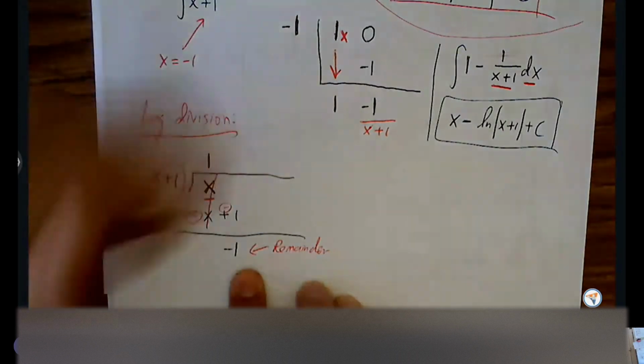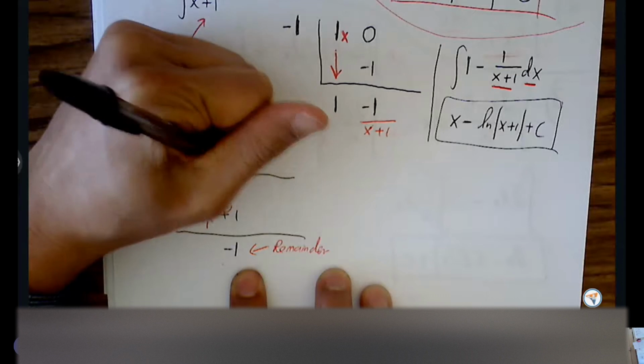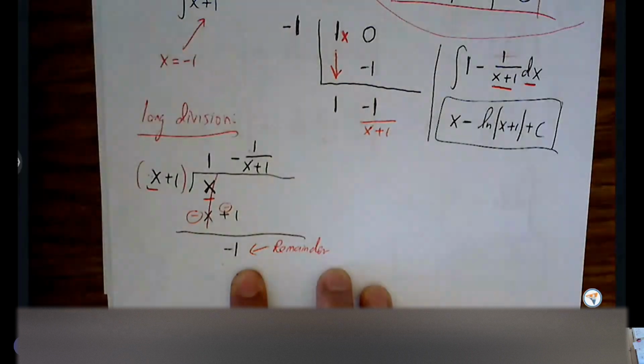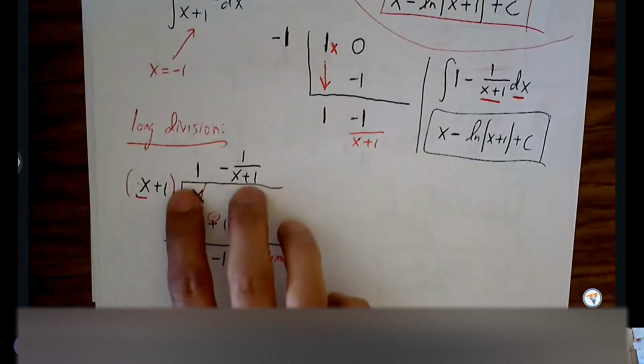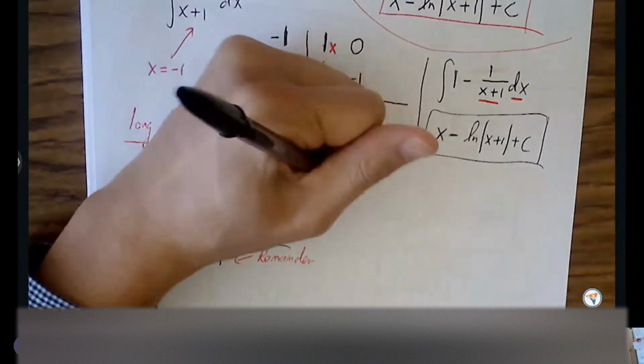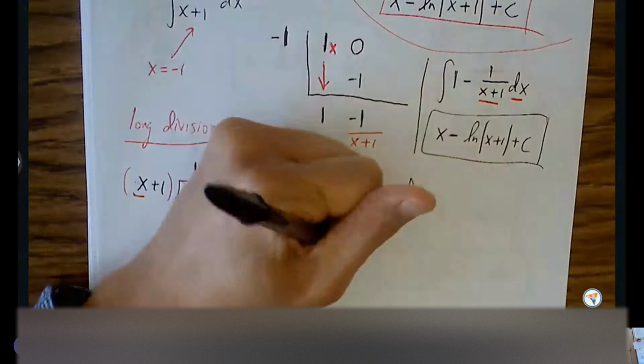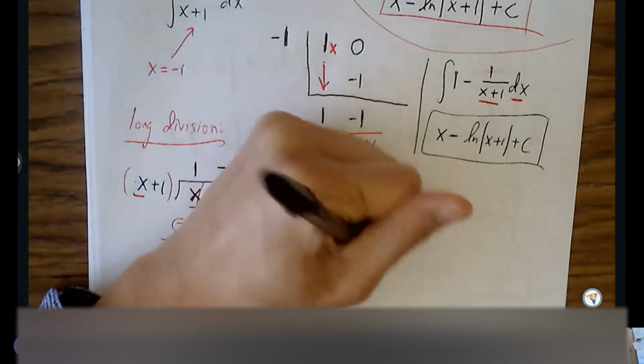And we write our remainder divided by our divisor. Same result as synthetic division. And same answer.